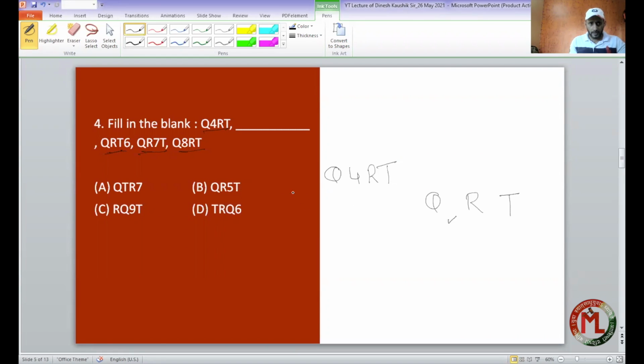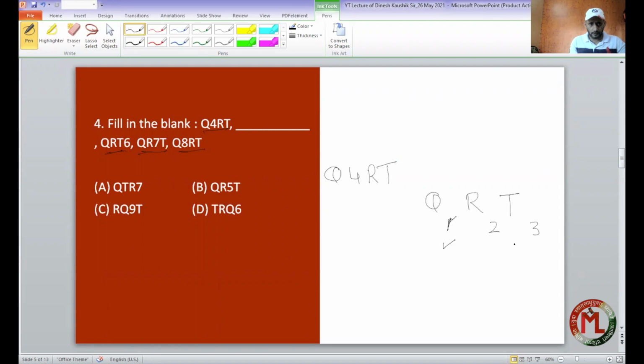Fine. Then in the third question, QRT6, I am just giving them the numbers. Suppose this is position number 1, position number 2, position number 3. In the first term, number 4 is written here.